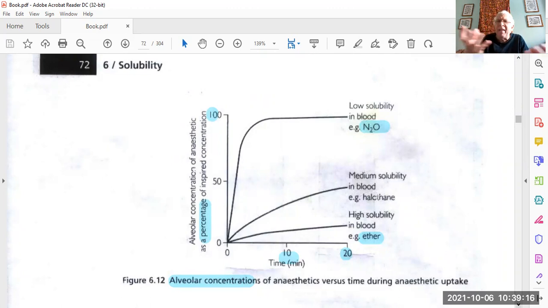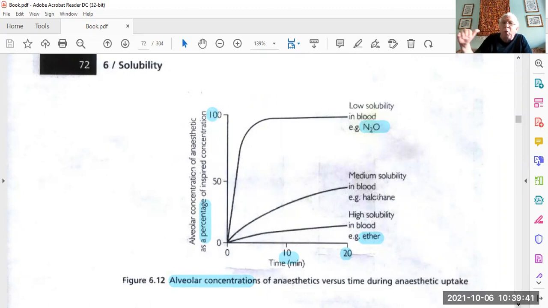Whenever I apply the anesthetics to the patient, we can see that the blood gas solubility coefficient of nitrous oxide in comparison to ether is very low. This is why within 10 to 20 minutes we have 100% of nitrous oxide built up inside the alveoli.